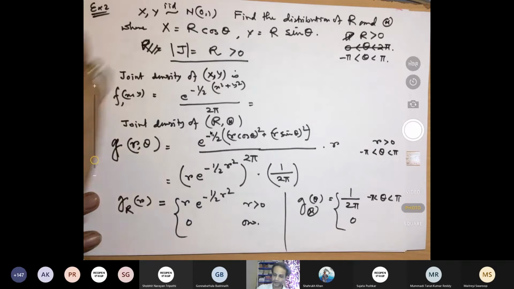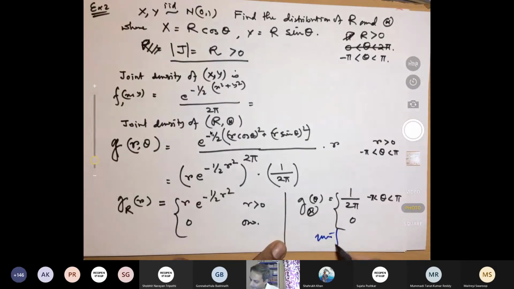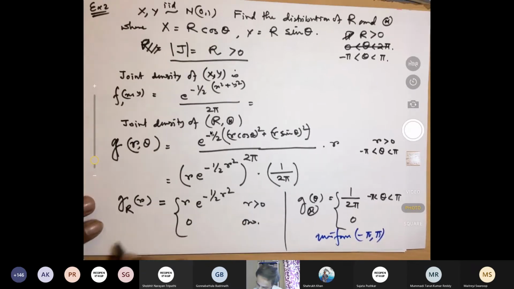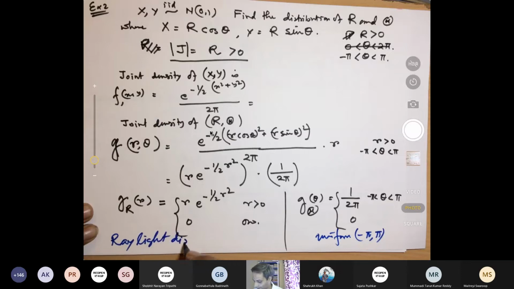This distribution has a special name. This is uniform. And this distribution has a special name too. It is called the Rayleigh distribution. Why? It is pretty simple.